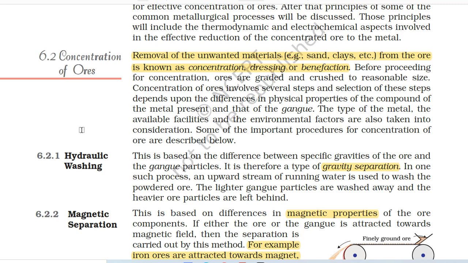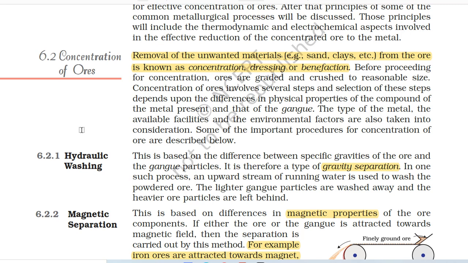Concentration of ores involves several steps and selection of these steps depends upon the differences in physical properties of the compound of the metal present and that of the gangue. The type of the metal, the available facilities and the environmental factors are also taken into consideration. Some of the important procedures for concentration of ore are described below.